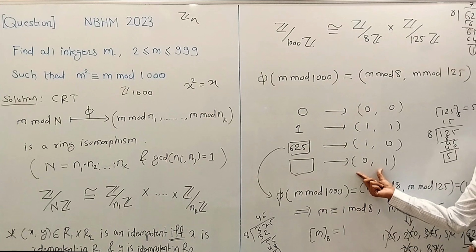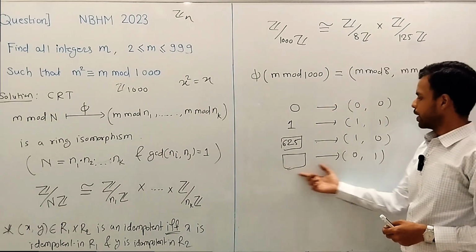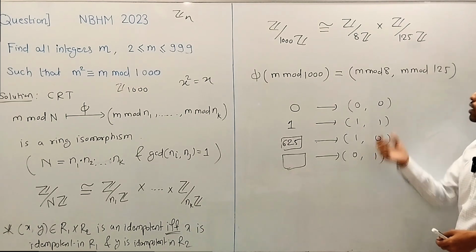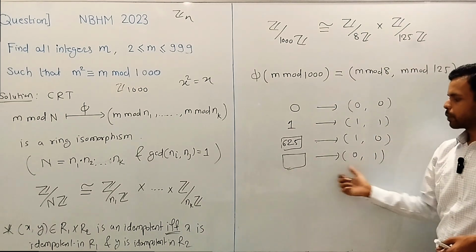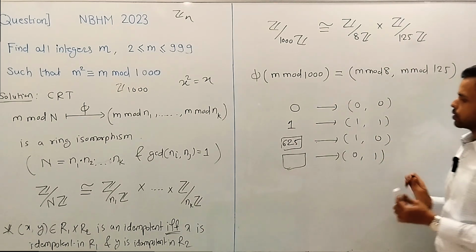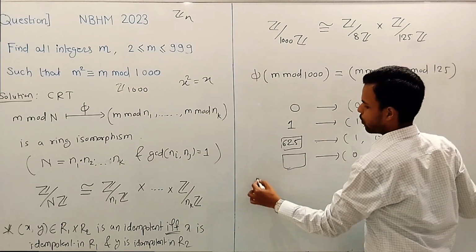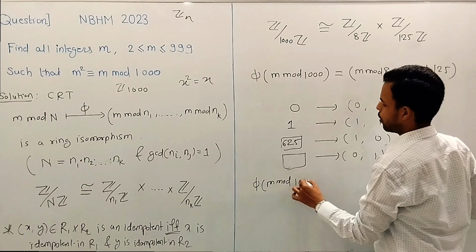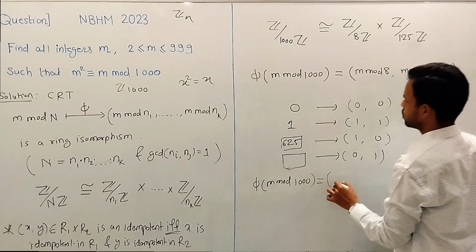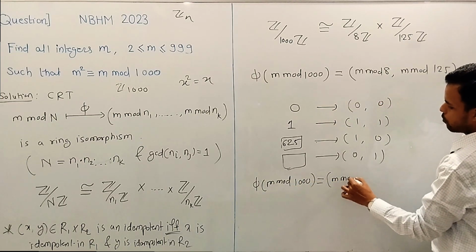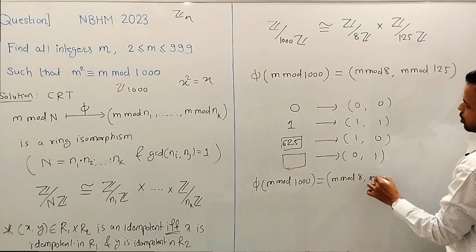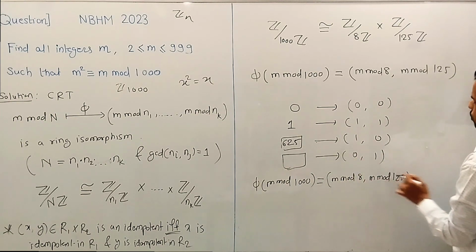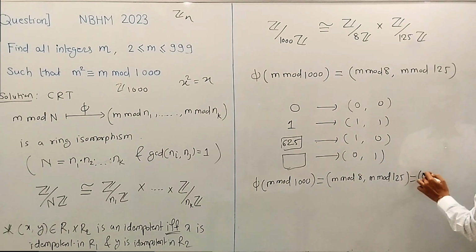Now let's consider this case. What remains is to find the pre-image of this element (0, 1) in this ring. So again, what is the mapping? Phi maps m modulo 1000 to (m modulo 8, m modulo 125), and the output result is (0, 1).